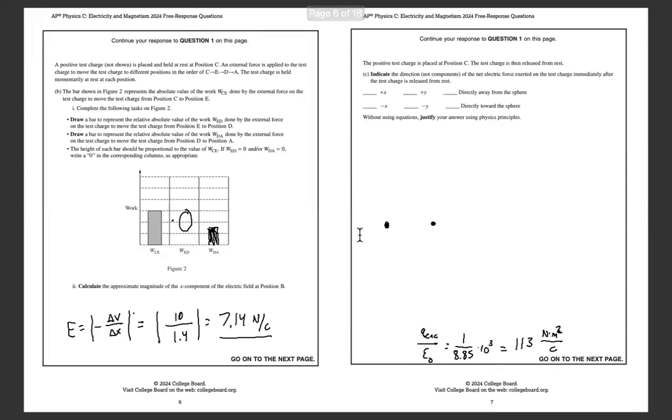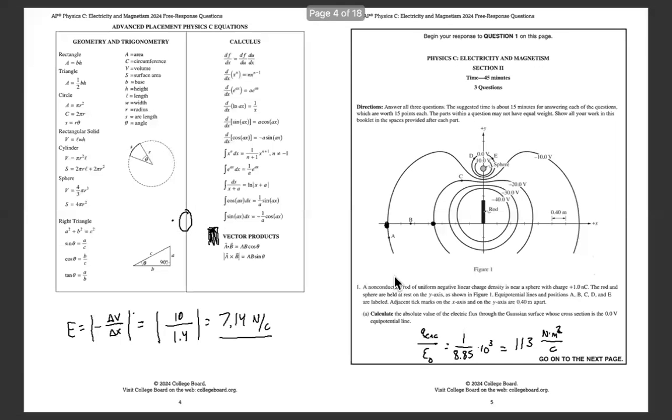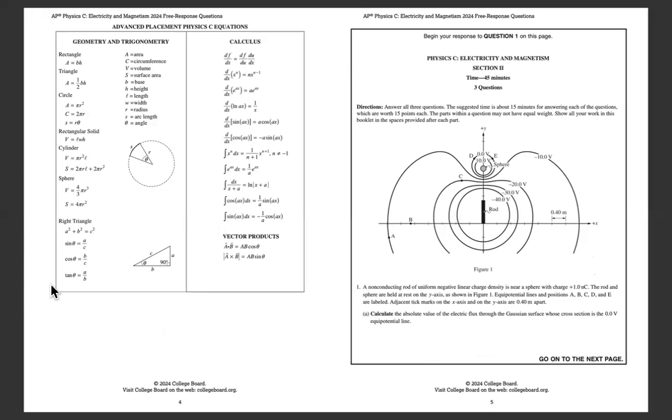The positive test charge is released at position C, and you're trying to determine the direction of the net electric field force and then justify. Let's go ahead and clear all of this. So point C, it should still be normal to the equipotential, much like in set one. Since the rod has uniform density and the sphere has positive, however, this time it's going to be pointed down in the negative y direction.